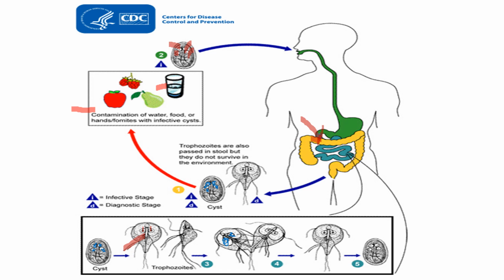The cyst, which contains 4 nuclei, enters through the pharynx into our intestine and attaches to the duodenal part. Once attached, it bursts and releases two trophozoites at a time. These are the infective stage and the diagnostic stage of giardiasis.